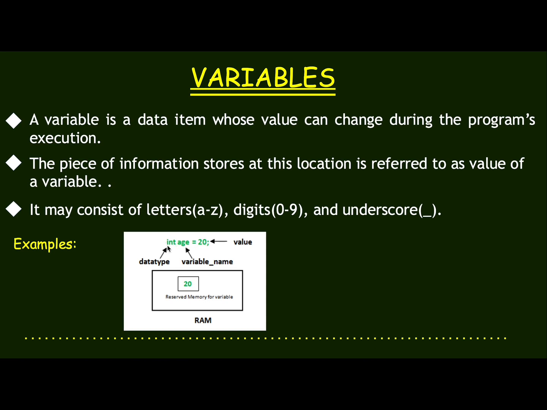The first special word here, int, is the data type, which I always say is the integer. Then here the age is the variable name. We equate this to 20, which is the value.